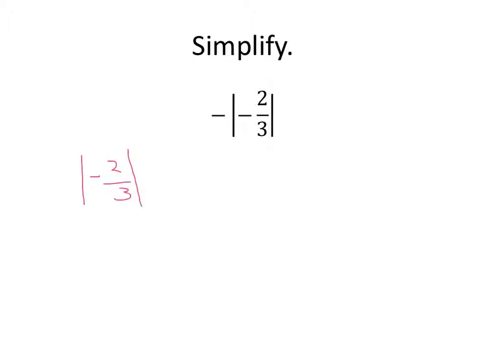Well, absolute value means distance from 0. So it is never negative, it's just a distance. So this is going to be 2/3. So right here, the absolute value of negative 2/3 is 2/3. But we still have this negative sign in front, so our answer is negative 2/3.